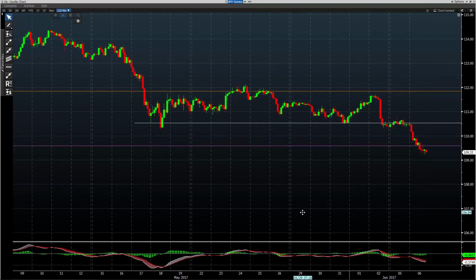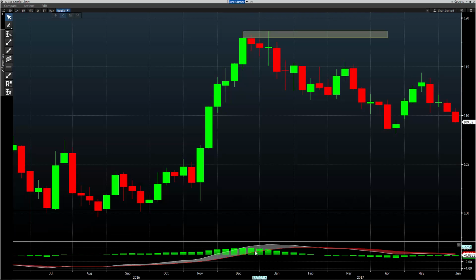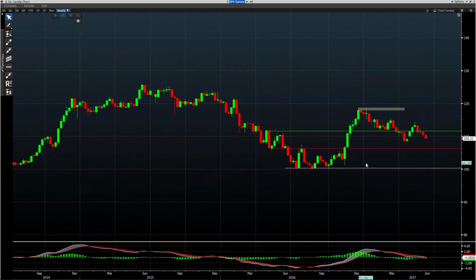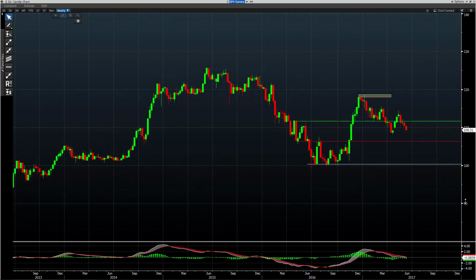But in diagnosing this and how we move forward, you want to look at a longer term and understand that you're still in a wider, longer term time frame trading range. If you were to take a look at dollar yen on a weekly basis, and I know that may sound strange when you're talking about day trading or very short term scalp trading, look at it on a weekly basis and think about where dollar yen has traded and what kind of ranges have held.